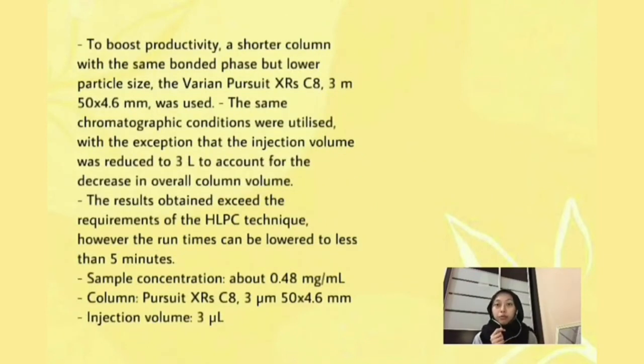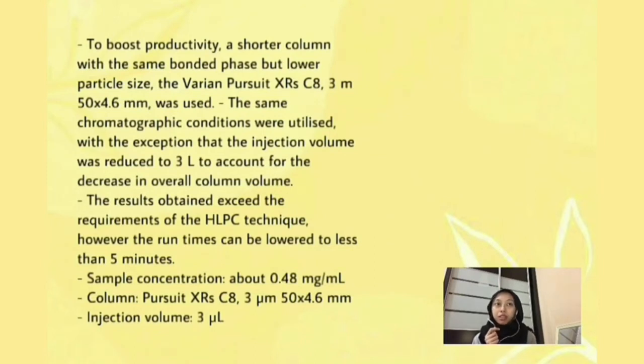Next, to boost productivity, a shorter column with the same bonded phase but smaller particle size, the Varian Pursuit XRS C8 3 micrometer, 50 times 4.6 millimeter, was used.